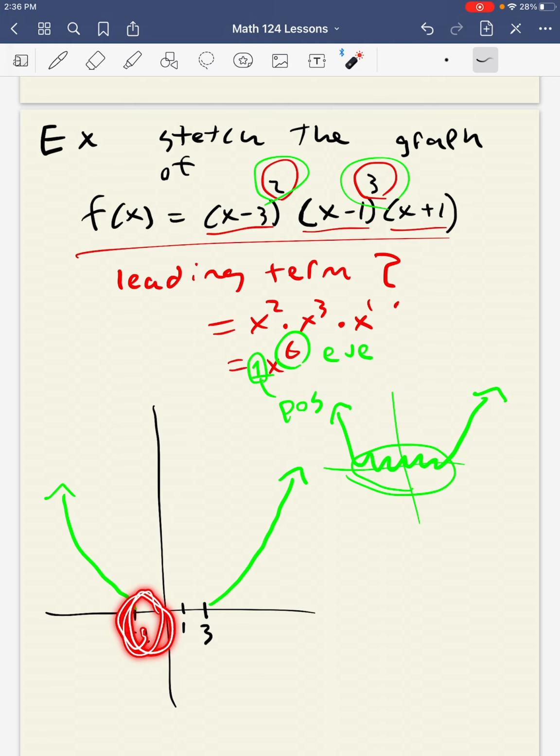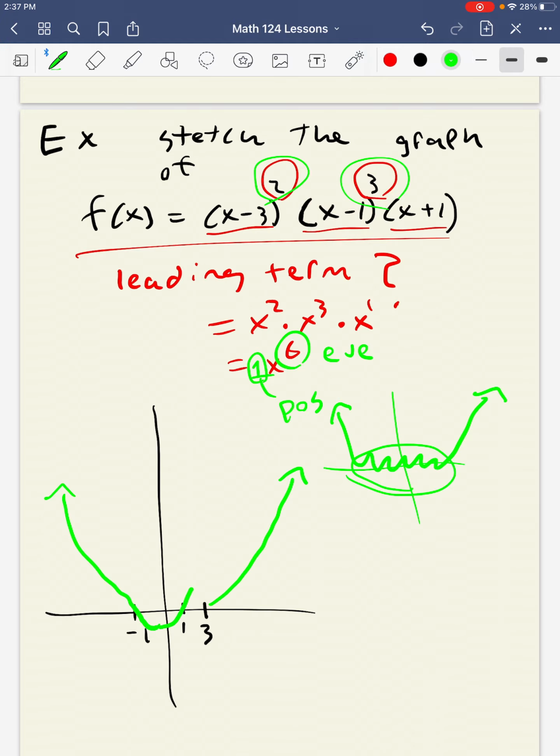So what's the multiplicity of the negative 1 term? That's here. If we plug in negative 1 to this term, it gives us the 0. The multiplicity is 1, which is odd. So we cross through this guy. What's the multiplicity of the 1 zero? Well, if we plug in 1 here, we get a 0. And the multiplicity is 3, which is odd.